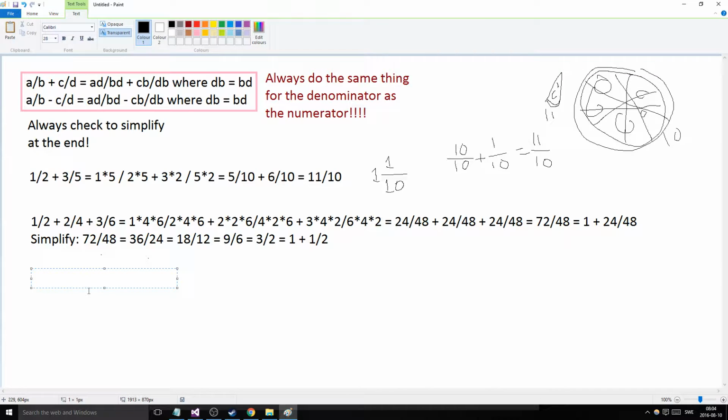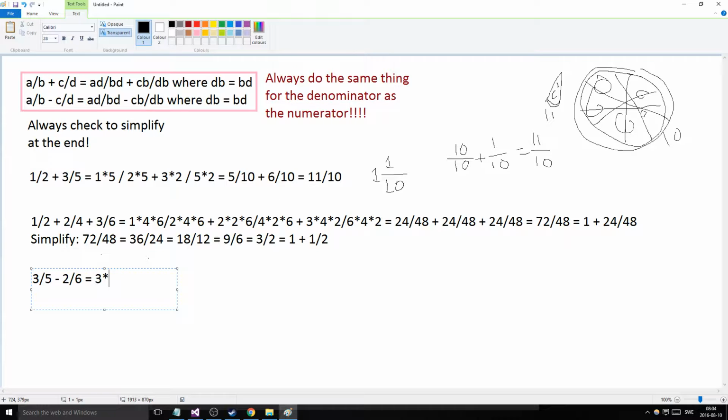And just to finish this, we need to take a negative example as well, because you can do the exact same thing with the negative. But let's just take 3 by 5 minus 1 through 6, and let's calculate this.